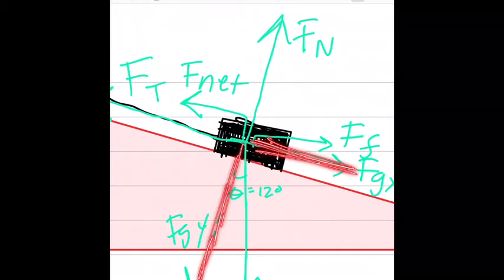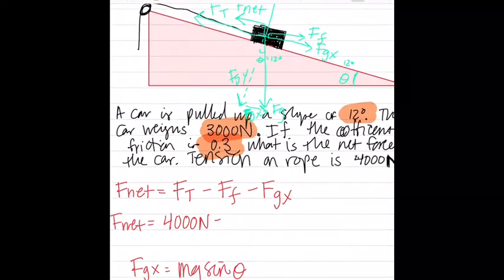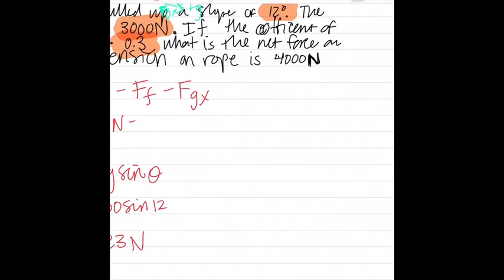I need the one that's pushing down on the surface, and that's going to be Fg of y. So let's go. This equation for frictional force is always the same with two-dimension motion. Frictional force Ff is equal to Fg of y times mu sub k. And that's it. But the problem is we now have to calculate Fg of y, because I have mu sub k. So frictional force is equal to, I don't know Fg of y yet, times 0.3.